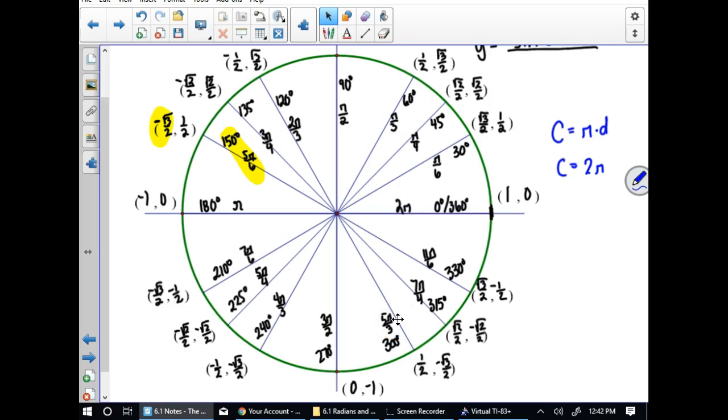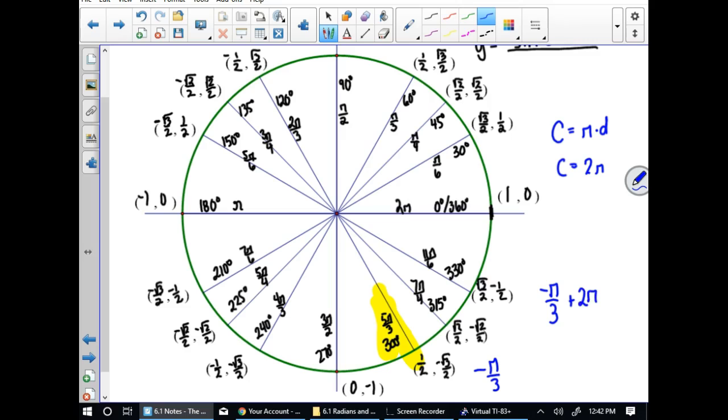All right. So for this one, this is negative pi over 3. The other thing you can do for negative pi over 3 is always add or subtract 2 pi because that's a whole rotation. So it's going to get me right back around to where I was. If I add 2 pi to negative pi over 3, that's like 2 pi over 1, so you'd have to get common denominators. Multiply by 3.